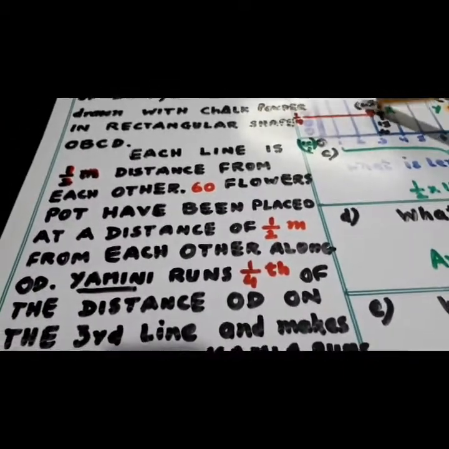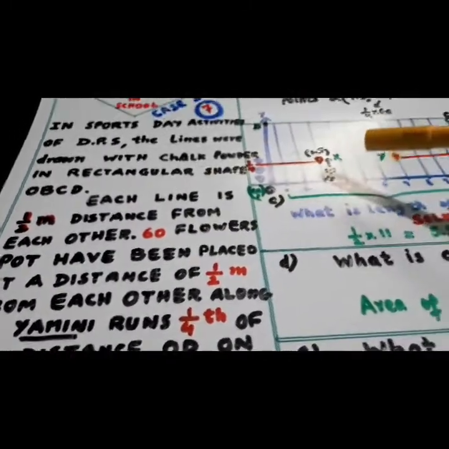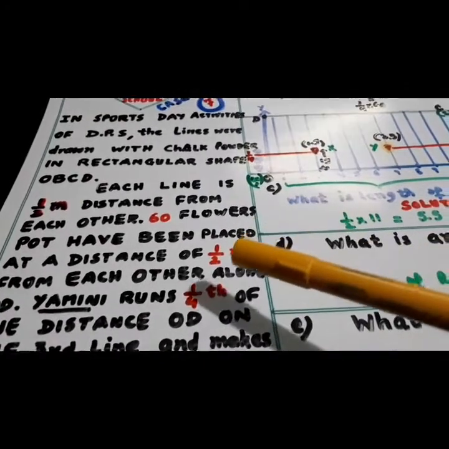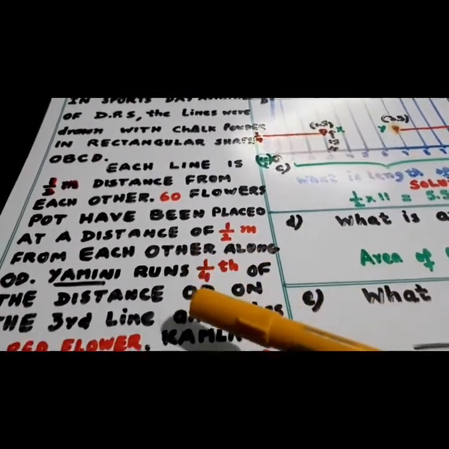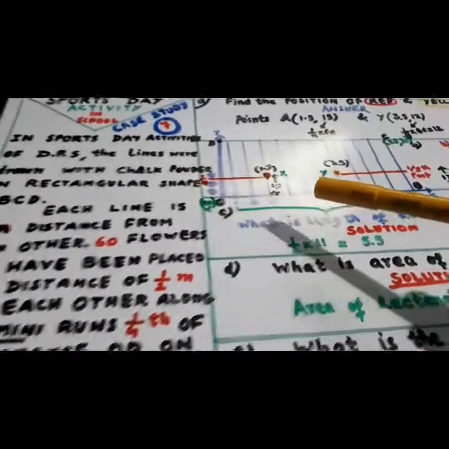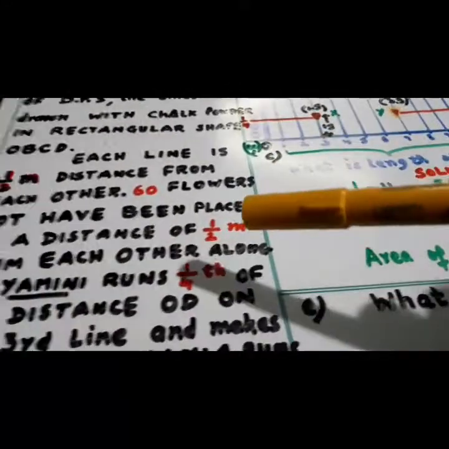That is 15. Look here, this is 15. In the third lane, she makes a red flower.